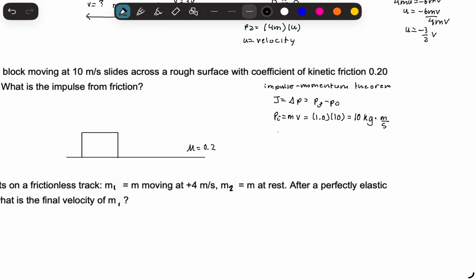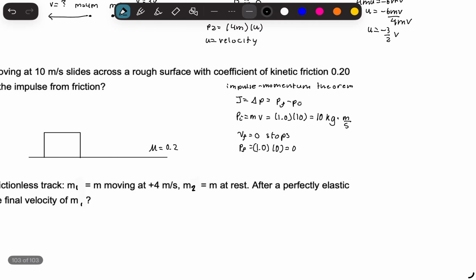And since we know that the block is going to stop, it comes to a rest, that means that P final is equal to 1.0 times 0, which is equal to 0. So then your impulse is equal to the change. That's going to be 0 minus 10. Your answer is going to be negative 10 newtons times seconds.